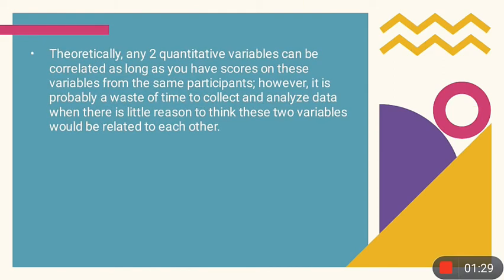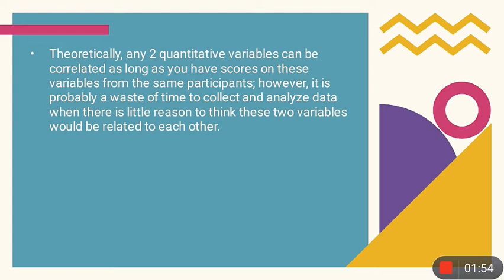Theoretically, any two quantitative variables can be correlated as long as you have scores on these variables from the same participant. However, it's probably a waste of time to collect and analyze data when there is little reason to think these two variables will be related to each other.